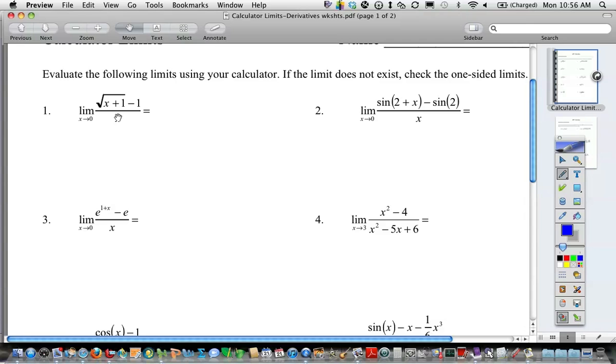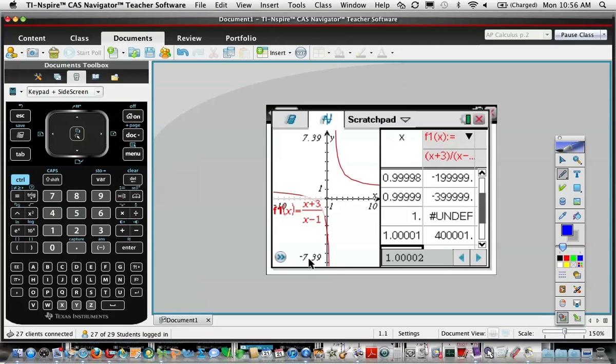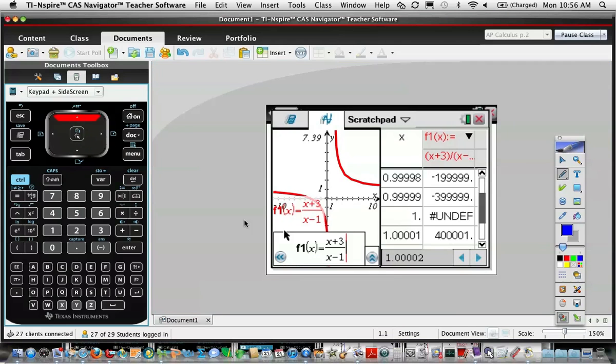All right. So, evaluate the following limit using your calculator. If the limit does not exist, check the one-sided limits. That goes without saying, but I said it anyway. So you get your calculator out, and we go ahead and type this in. We're going to type in square root.